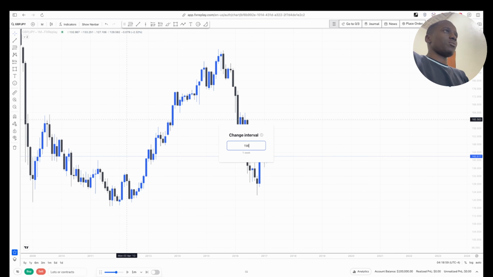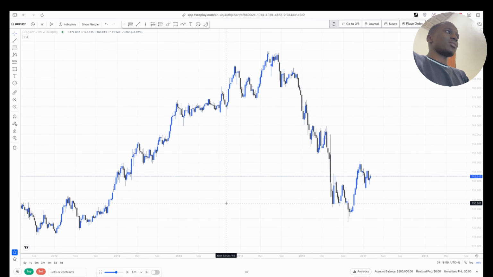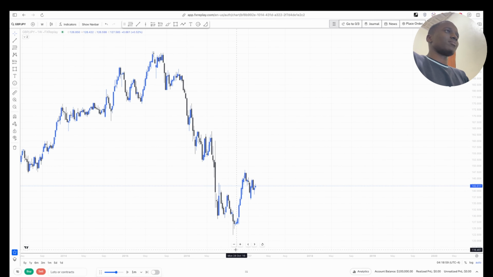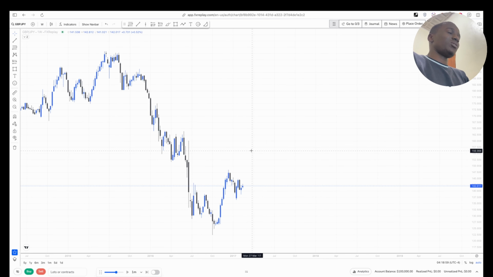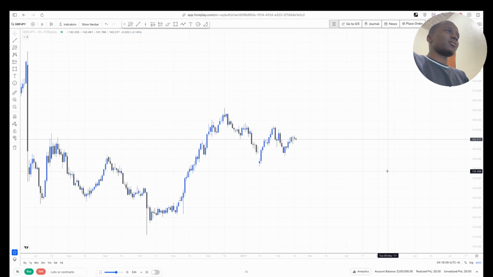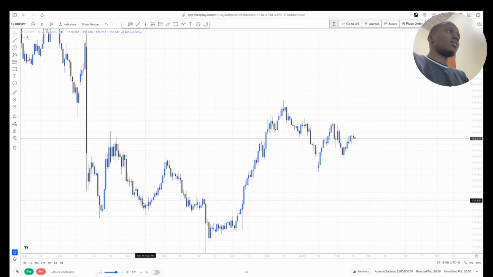But let's go on the weekly time frame now. So what do we see on the weekly time frame? We can see we were in an uptrend, then it dropped right here, and after dropping we had this corrective move going upward, dropping and then going higher. So we haven't currently determined the narrative, not even the bias. When we go to the 1 day, we can see that the market had dropped in this corrective move.